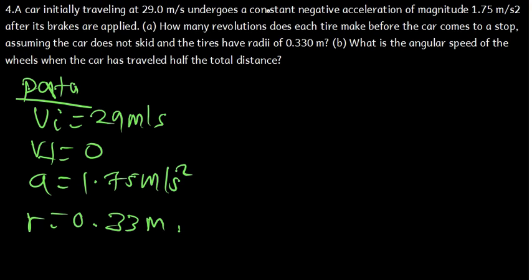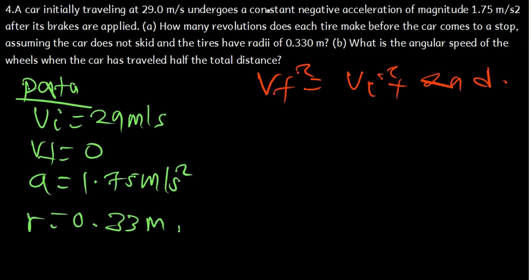So we first have to find the linear displacement. The linear displacement is going to help us to find the angular displacement. So I'm going to use this formula: v final squared equals v initial squared plus 2 acceleration times d.